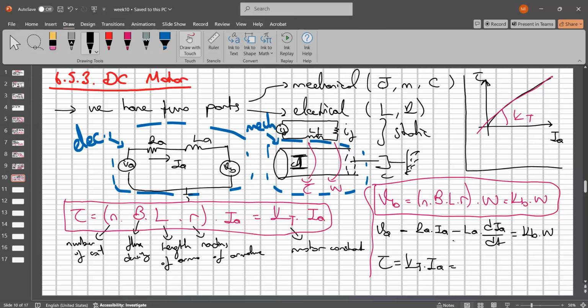It must be equal to the what? We have the inertia and the C, damper coefficient in here.